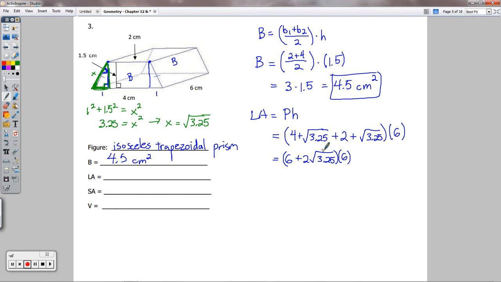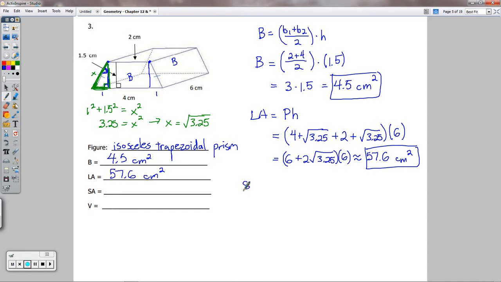So 6 plus 2 times the square root of 3.25 looks like that is about 9.6, but if I keep that in my calculator, multiply it by 6 exactly, I got 57.6. So this is approximately 57.6, and that's going to be centimeters squared. So here, 57.6 centimeters squared.